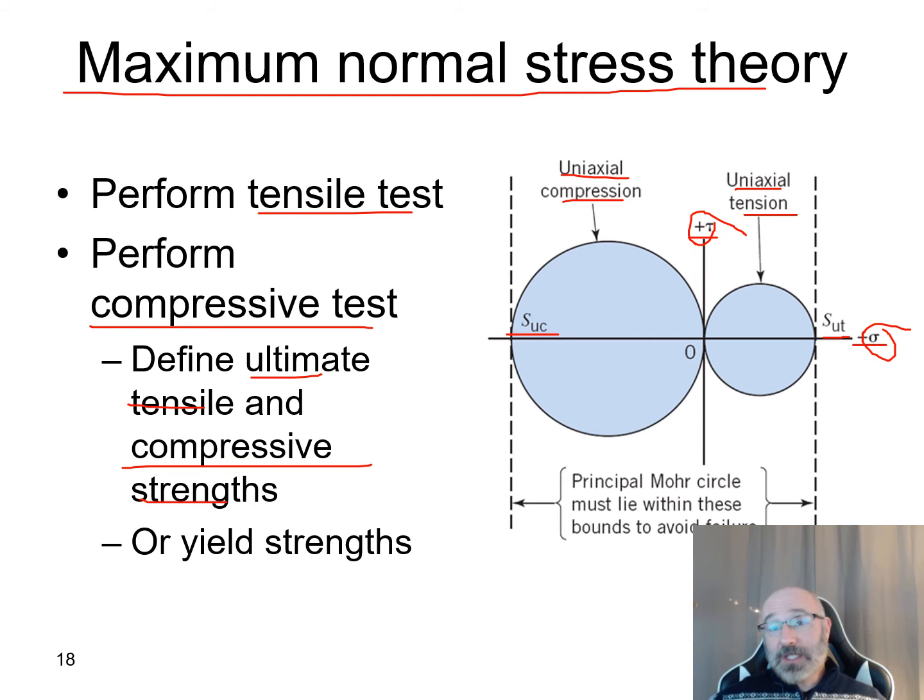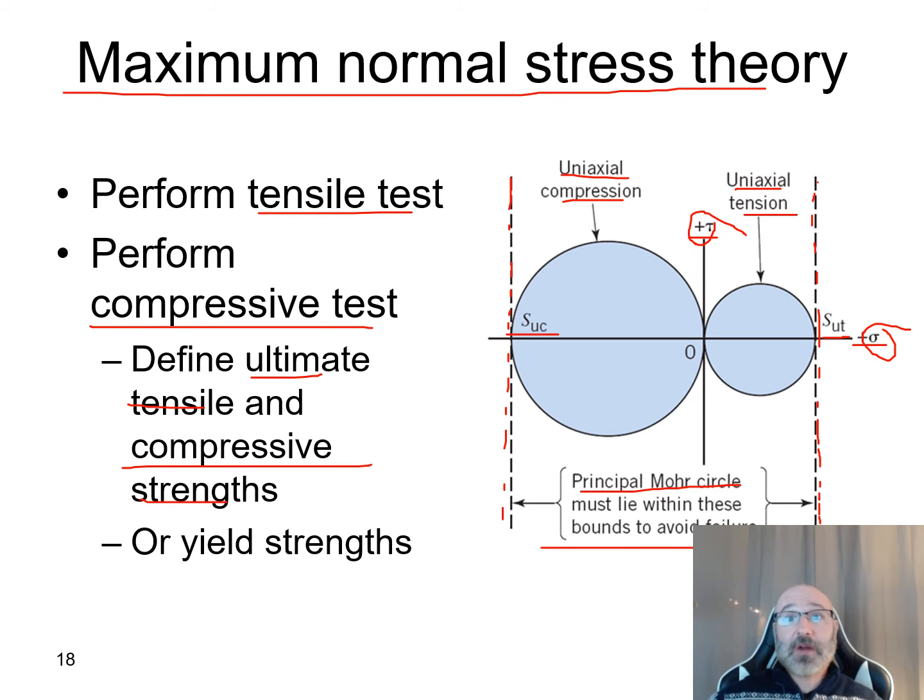Now what we can see from this representation is that we have both of those ultimate strengths for compression and tension as a visual representation on our Mohr circle. So our principal Mohr circle must lie within these bounds to avoid failure. These bounds are on either side; I put these two right next to each other for tension and compression. In order to avoid failure, it needs to lie within these bounds.